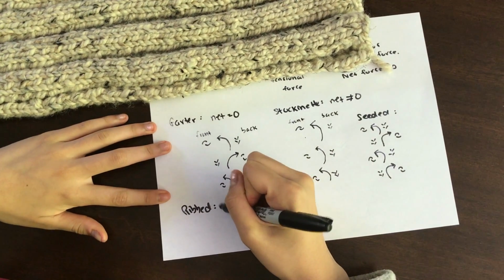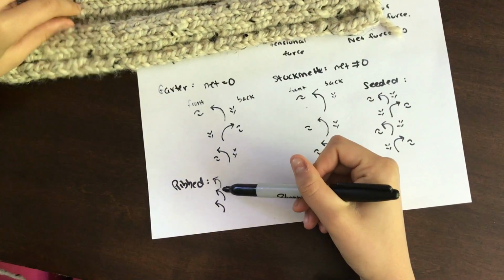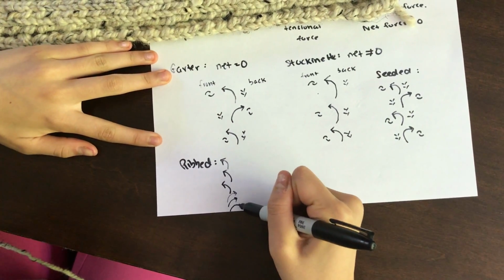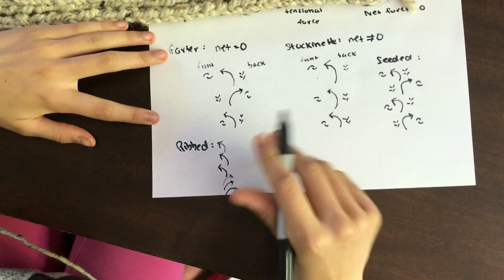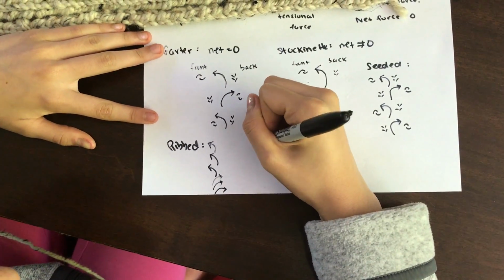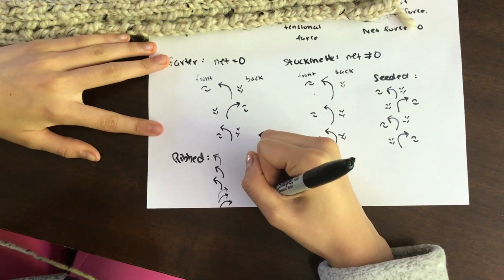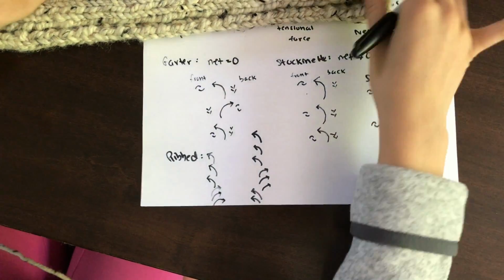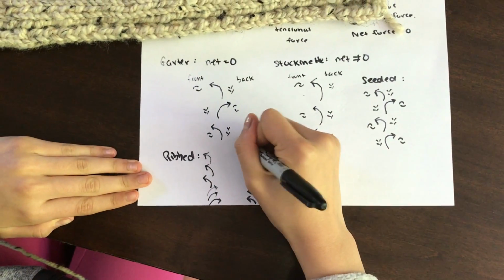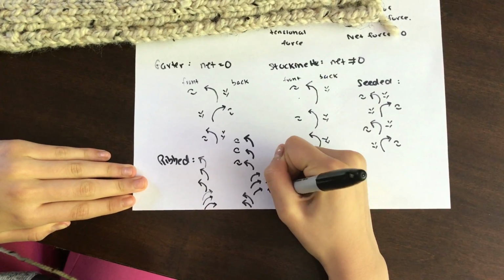So it would look like this. Let's say we had 3 purl stitches and then we switched to 3 knit stitches. That's what the rib stitch looks like. So the whole piece doesn't curl, because while there are 3 being pulled towards the front, there are 3 being pulled towards the back.